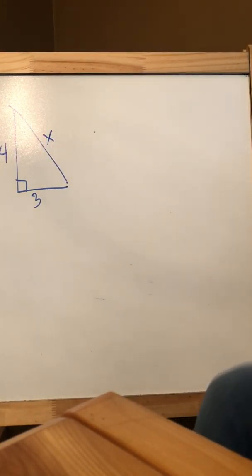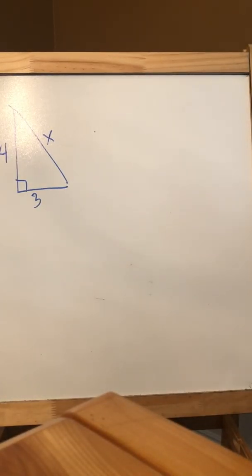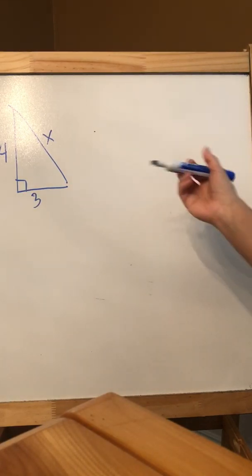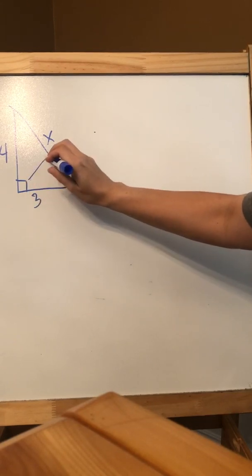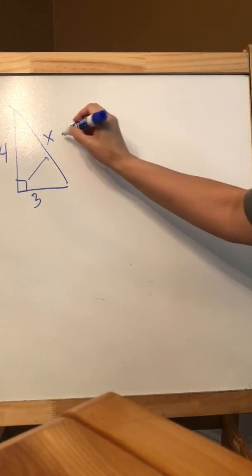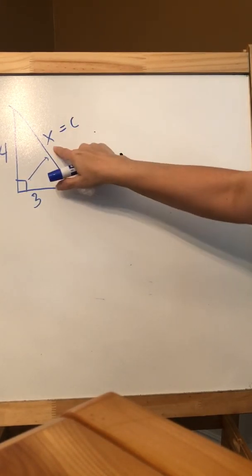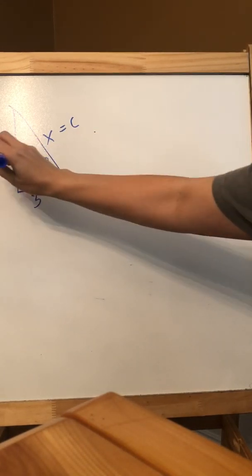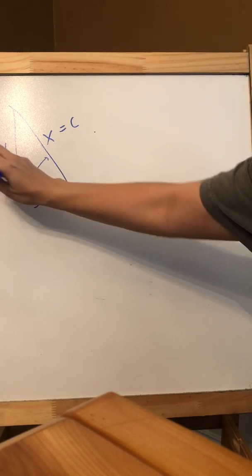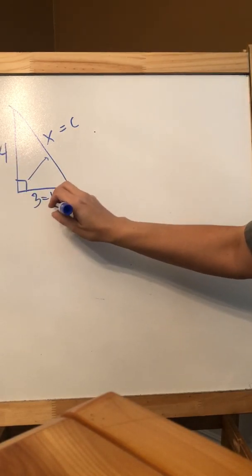And your instructions say solve for x. So the first thing you're going to do is say, okay, do I have a right triangle? I do, it's marked. So the next thing you're going to do is label your A, B, and C. Go to your right angle, draw a line to the side across from the right angle. That's going to be your C. So x is going to be our C. And then these two here are our legs, and they can be either A or B.